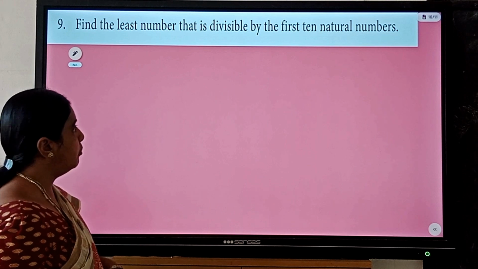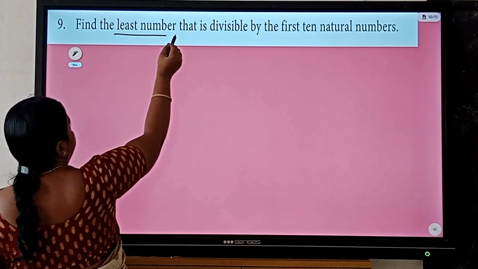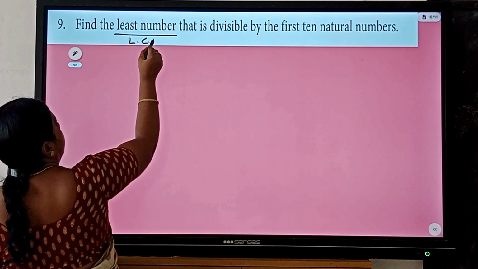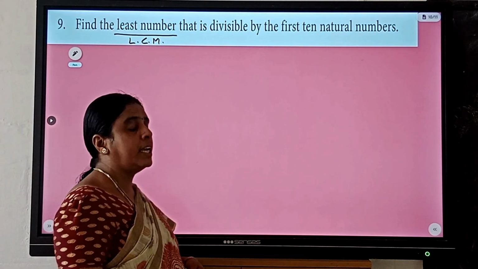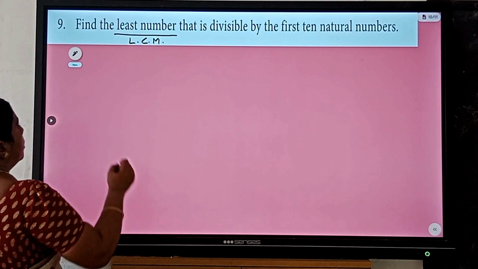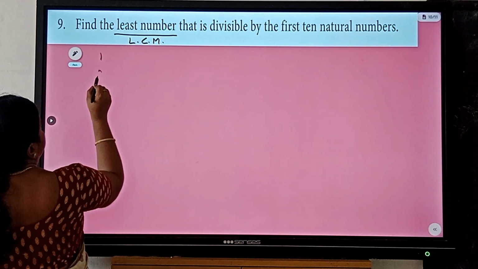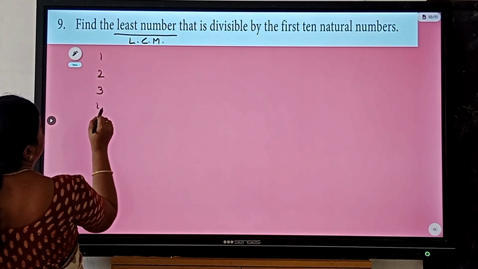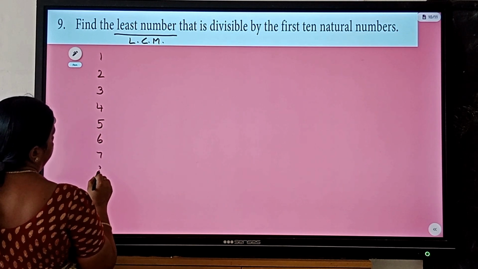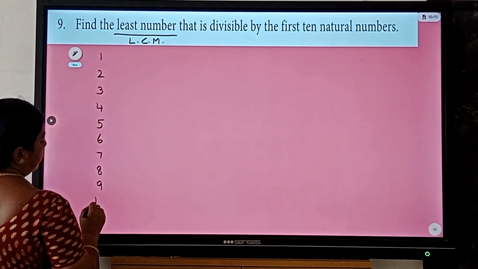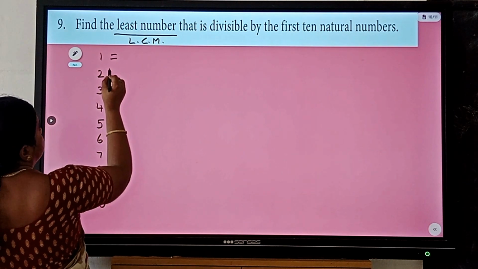Now the last sum of this exercise 2.2. Find the least number. So least number itself means we have to find the LCM. That is divisible by first 10 natural numbers. So what are the first 10 natural numbers? 1, 2, 3, 4, 5, 6, 7, 8, 9, 10. So these are the natural numbers.